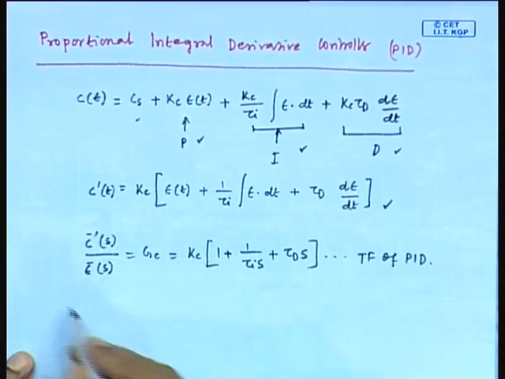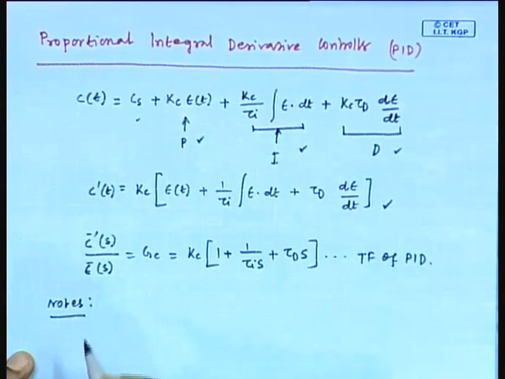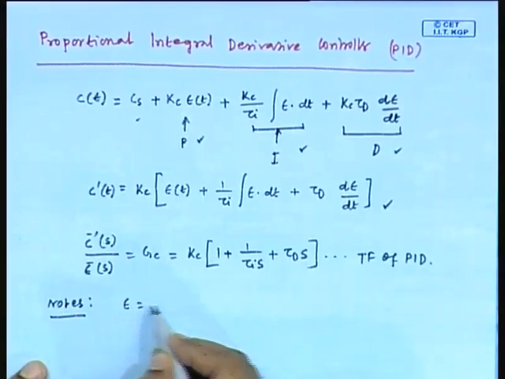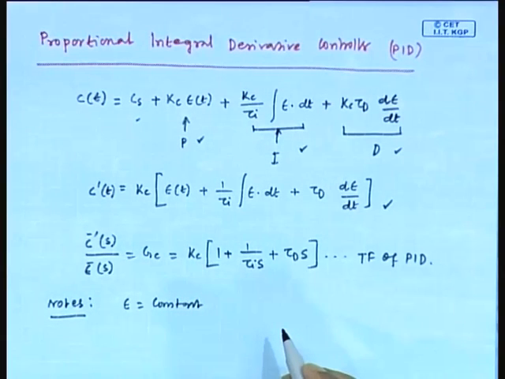Now, you observe one thing. If error is constant and non-zero, what about the derivative action? It is 0.